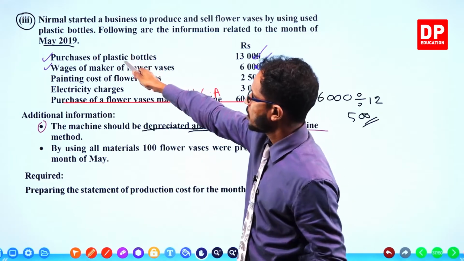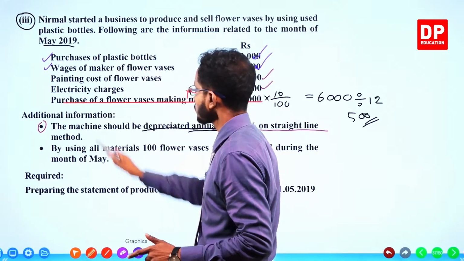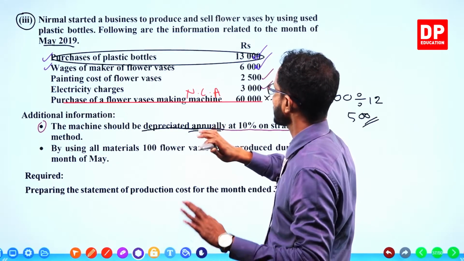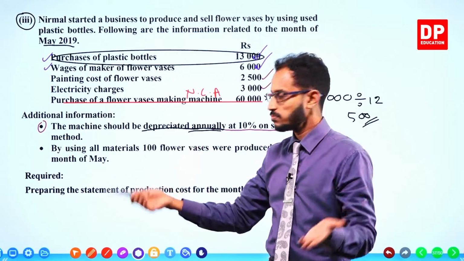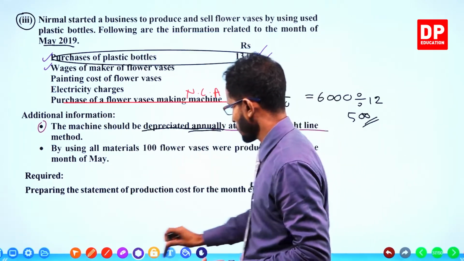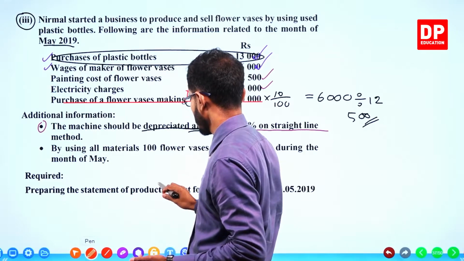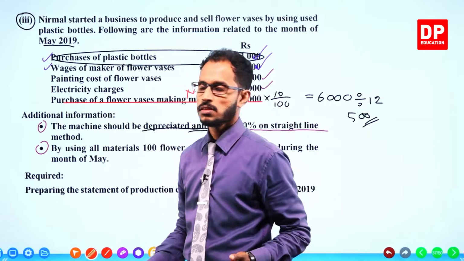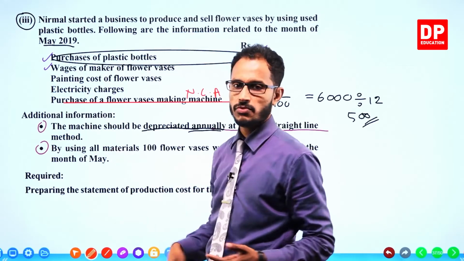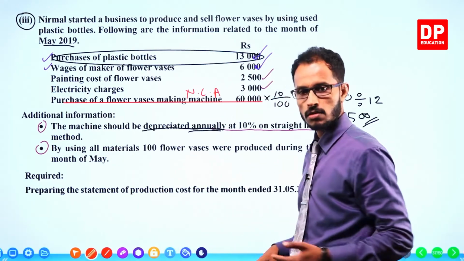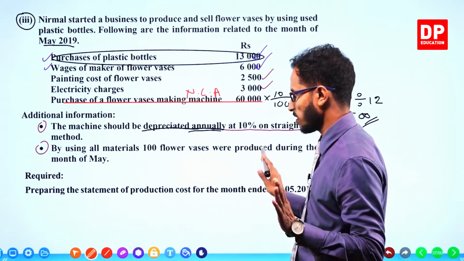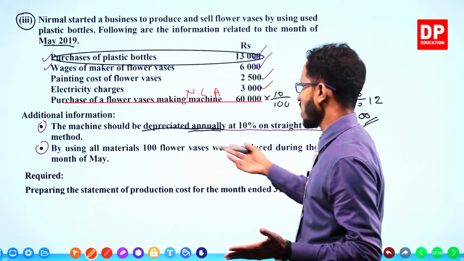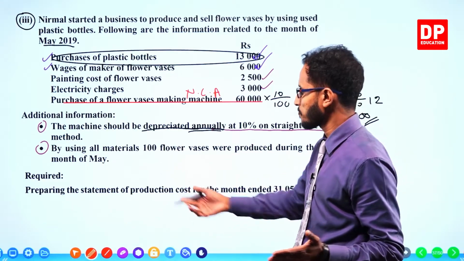No closing stock of plastic bottles left. All the plastic bottles have been used. That is what you have to take from that information. This is the thing you must realize by this given information. Done. That's it. We don't have to find the unit cost even.